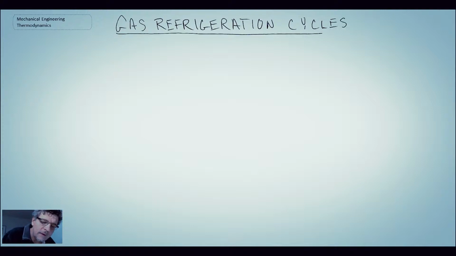So the video clip that I showed you at the very beginning of the last lecture, where we're showing the compressed air in the expansion tank and then it getting cool and ice forming, in a way that is the gas refrigeration cycle. However, we can make it into a cycle by adapting the Brayton cycle, and so that's what we're going to talk about in this segment.